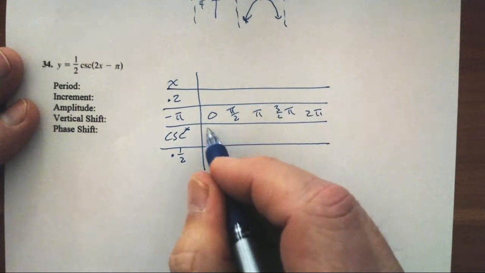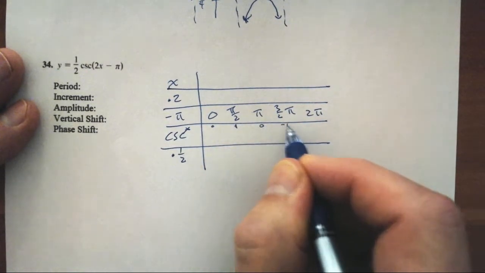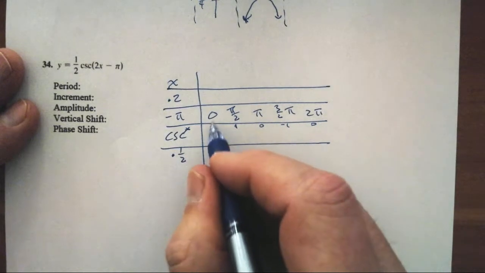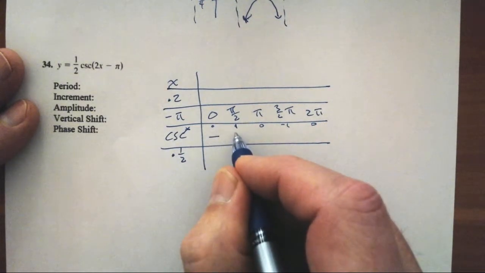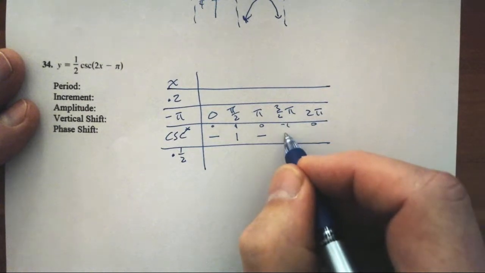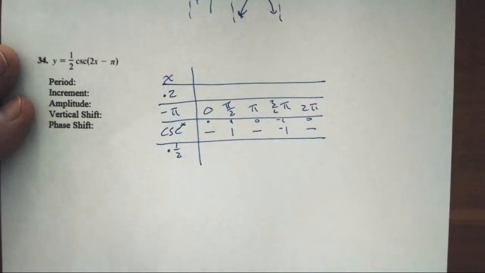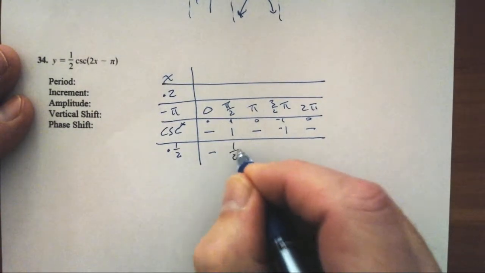And sine goes from 0 to 1 to 0 to negative 1 to 0. So the reciprocal of 0, undefined, reciprocal of 1, reciprocal of 0, reciprocal of negative 1, and reciprocal of 0, times 1/2.